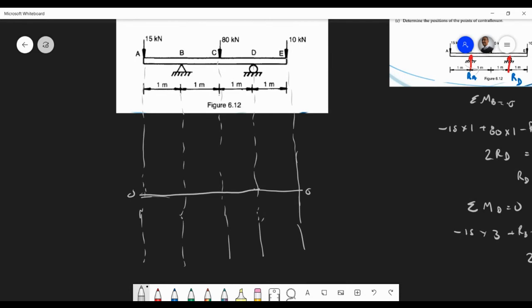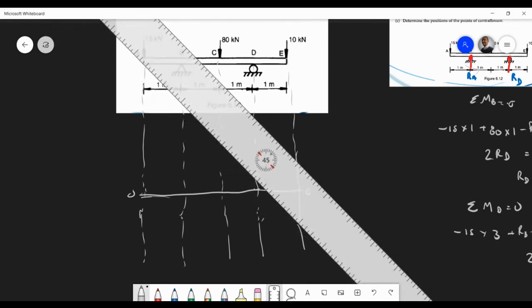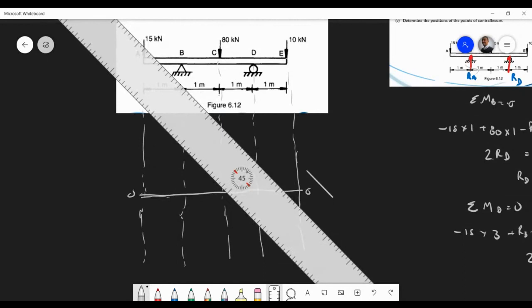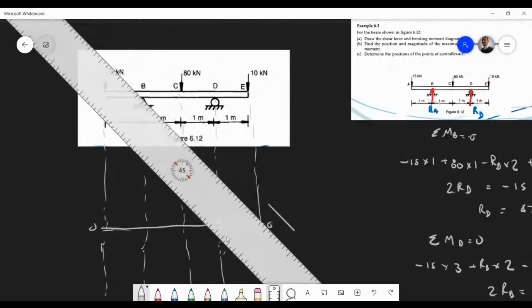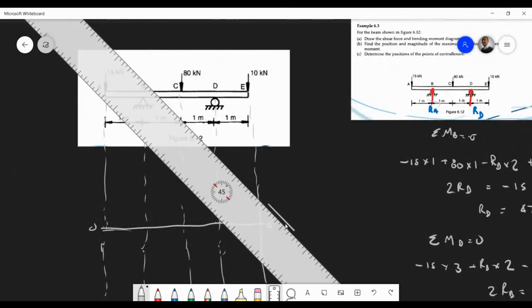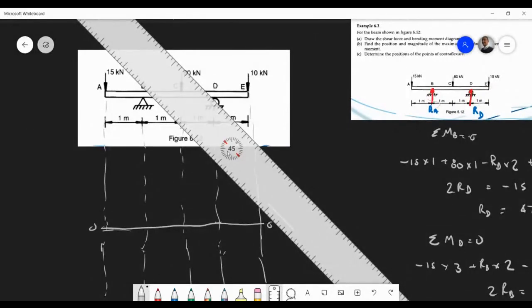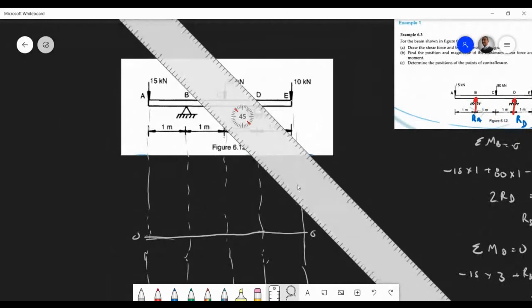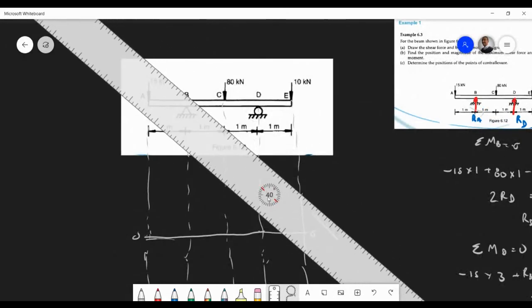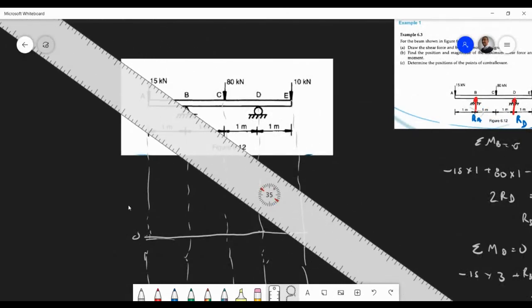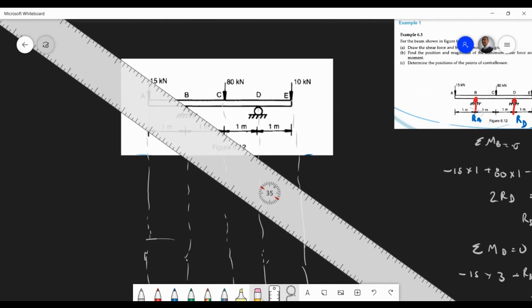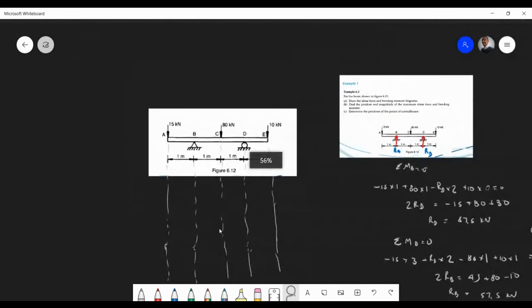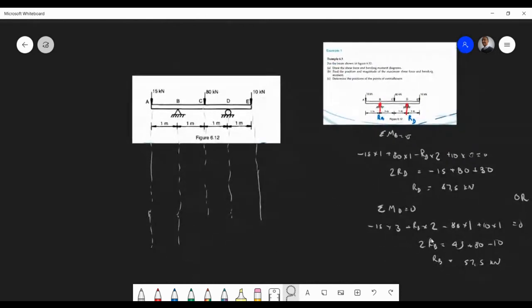Okay. I'm just trying to figure out how to use my ruler. Let me just quickly see. How do I rotate my ruler? Oh, sweet. I know how now. Give me a second, guys. Just give me a second. Yeah. So the first step is, of course, draw these lines.